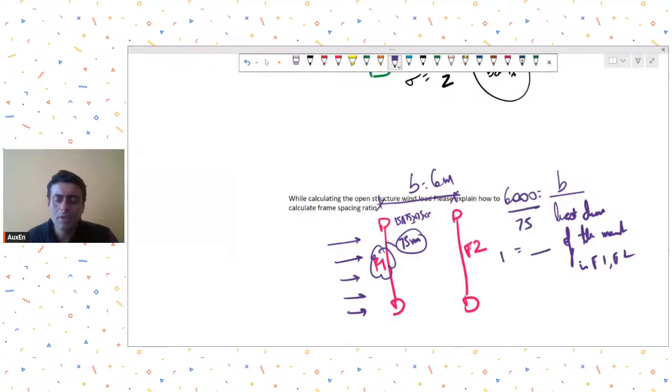This becomes my frame spacing ratio. And on the basis of this frame spacing ratio, you can calculate the shielding effect. Solidity ratio and frame spacing ratio, you will calculate the shielding effect.